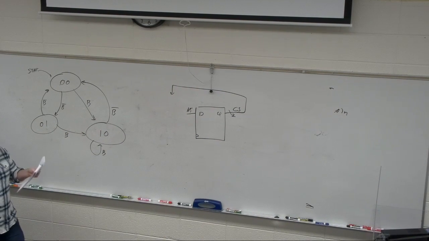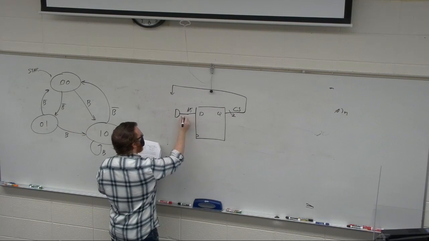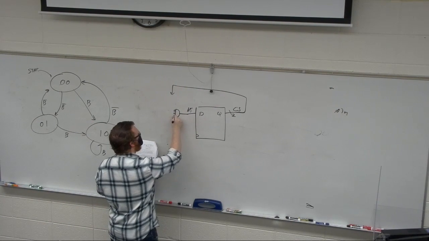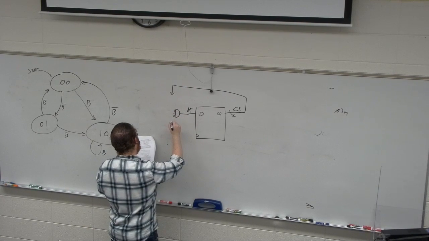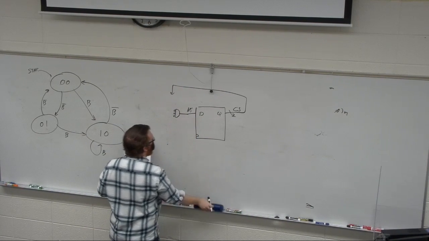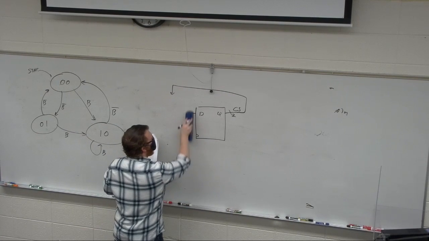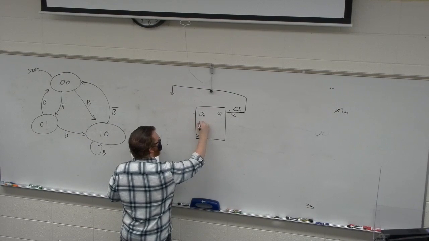Now, I'm going to skip ahead, and rather than generating that here again, this next state is pretty simple. Let's call out the bits one at a time, D0 and D1.